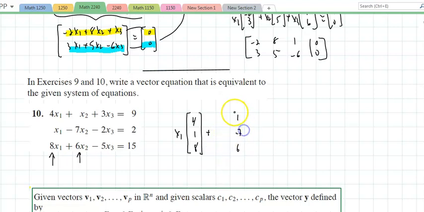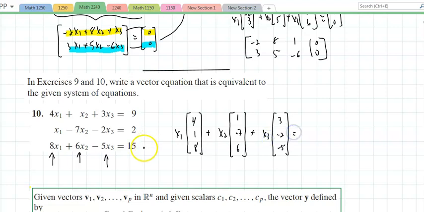So they write the theorems in these forms, so you really want to get acquainted with that. And x3, wouldn't you say that is (3, -2, -5)? And wouldn't that equal the (9, 2, 15)? So this is a vector equation.